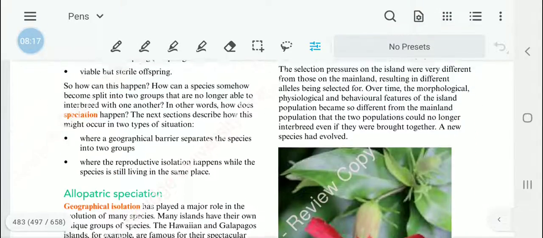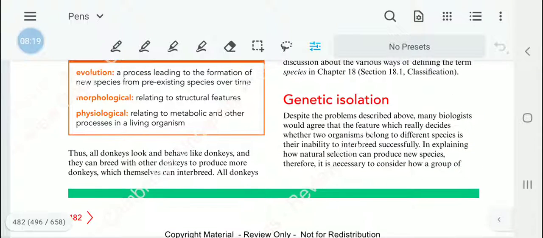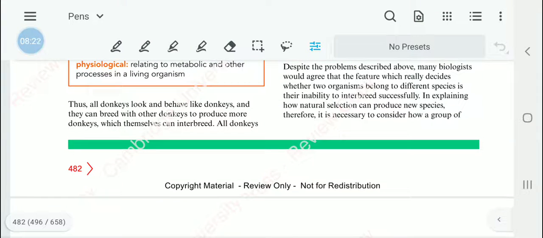Right, let's write down a note on that. I hope you understood. If you have any questions, please ask. Write down: genetic isolation.